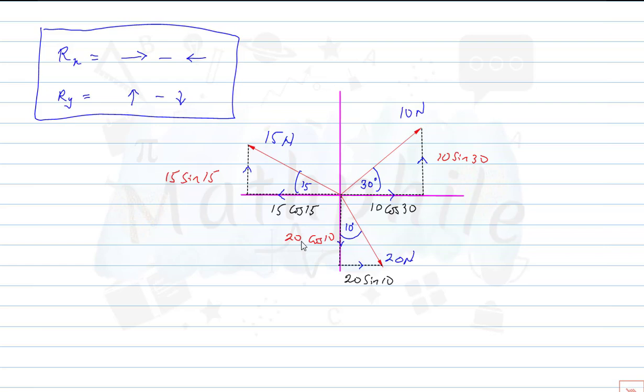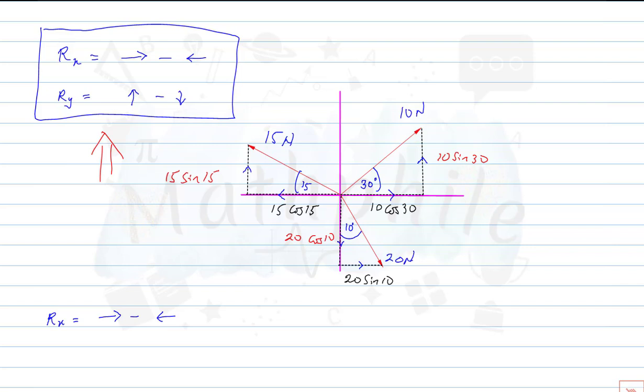all you need to do is go back to our resolution of forces, which we said that the resultant in the x direction, or the leftover force in the x direction, is basically all forces going to the right minus all forces going to the left. In this case, we've got two forces going to the right.